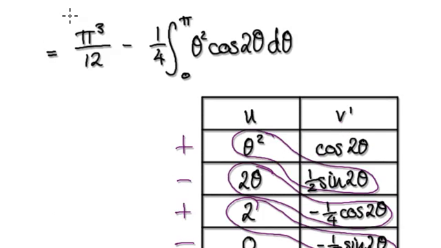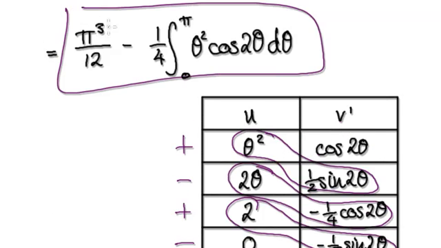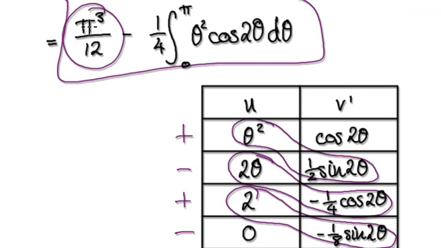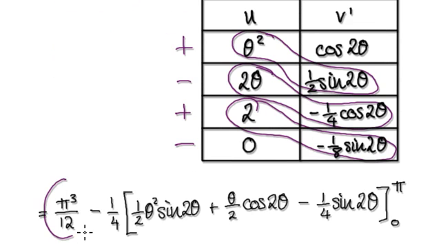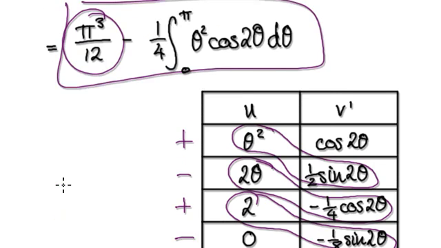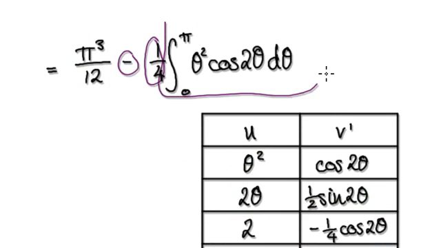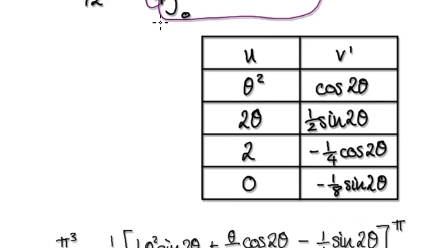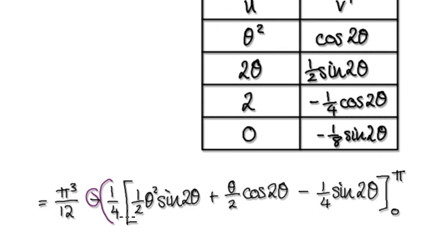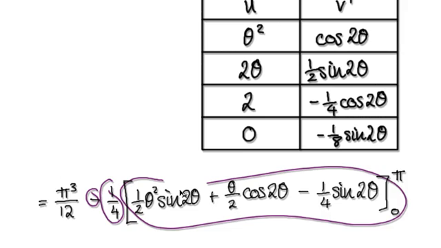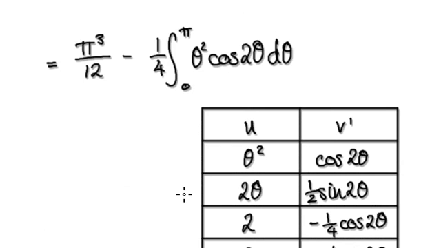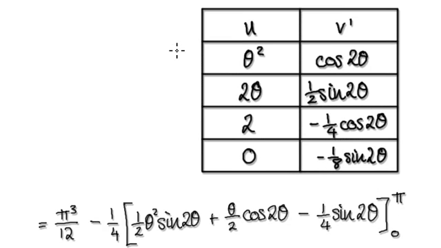So we're currently here. This thing here is this bit here. Then you've got minus a quarter and then whatever in here, so this whole thing here. When you integrate this, it will give you this.